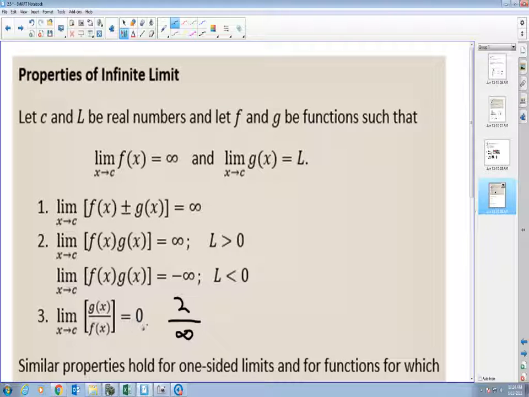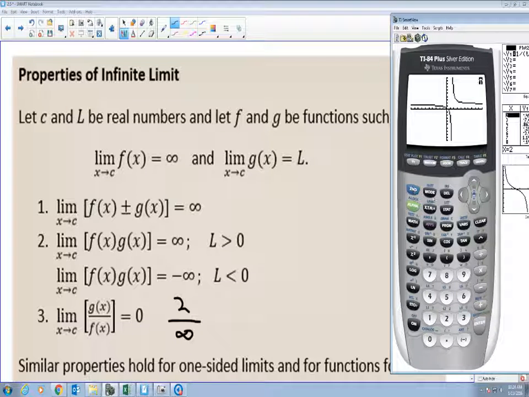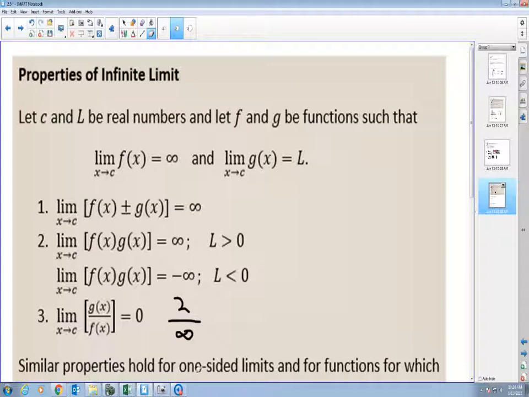That's why the answer is 0. Think of it in terms like 2 divided by 10. It's 0.2. 2 divided by 100, 0.02. So if I keep on dividing by a bigger number, I'm getting what? Smaller. Eventually I will become 0. That's the reason why this answer is 0 here.